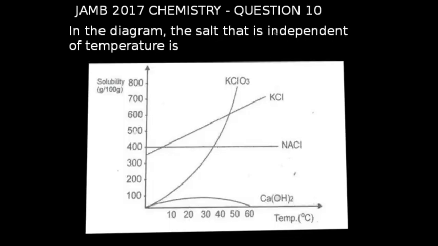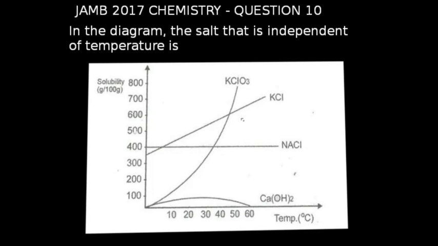Question number 10 of the JAMB 2017 chemistry exams. In the diagram, the salt that is independent of temperature is. The first thing I want us to know is this is a diagram illustrating the solubility of salts or substances with temperature.